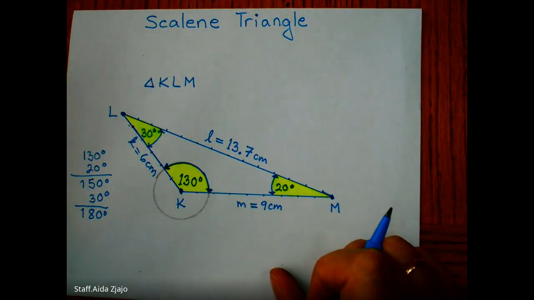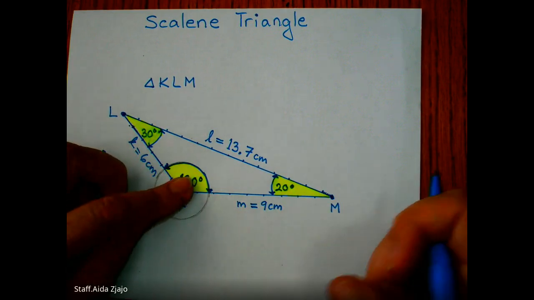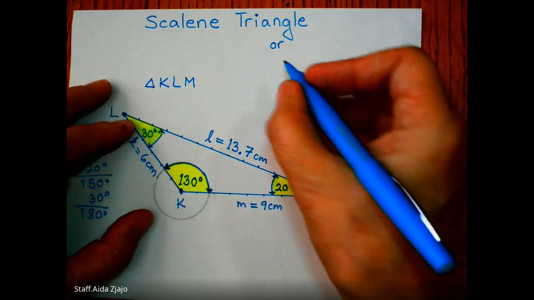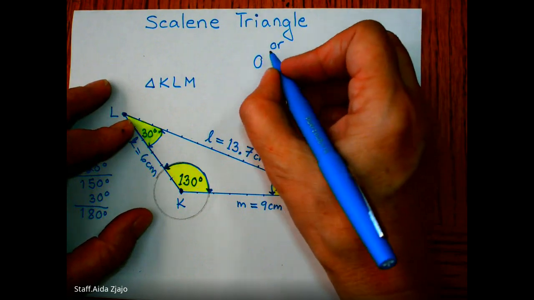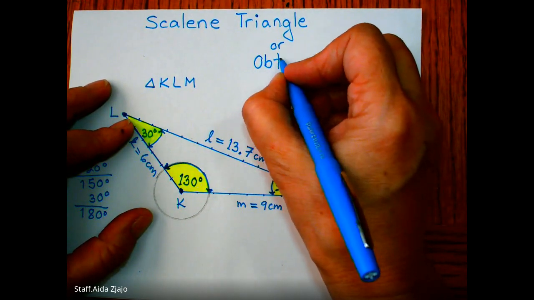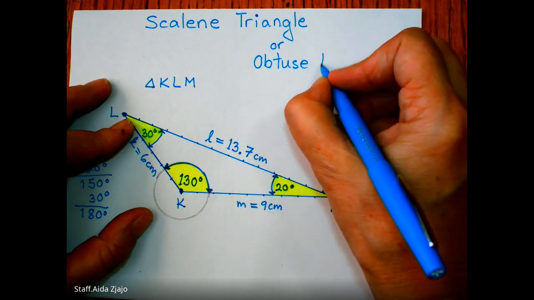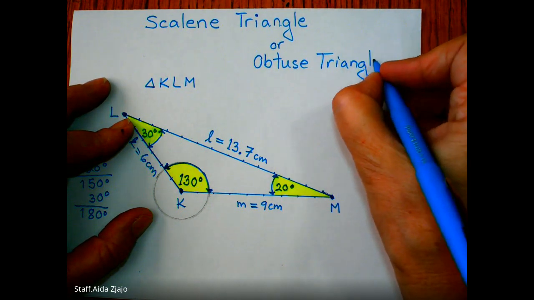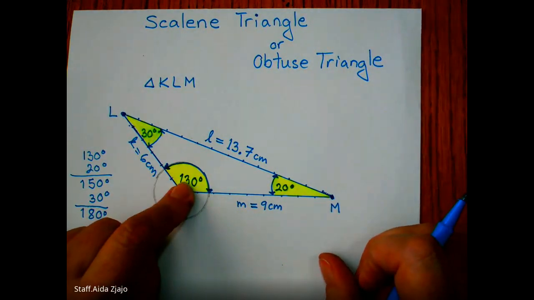But we also can label this triangle an obtuse triangle. It gets this name because of this obtuse angle.